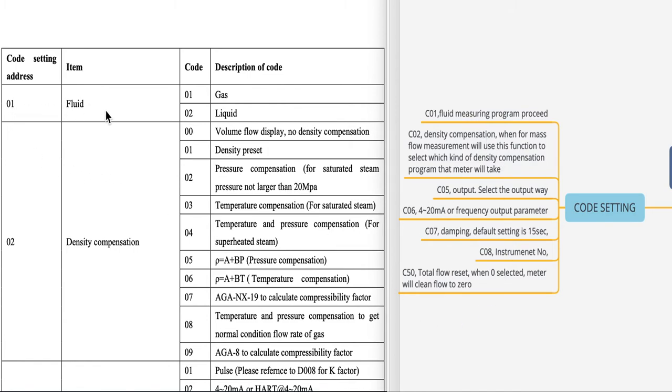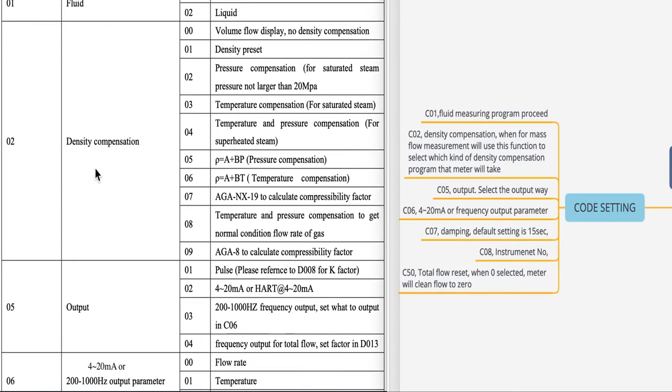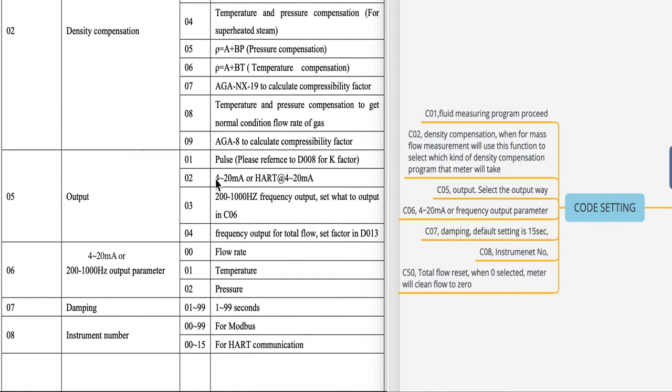Most common use code settings in operation. CO1 is the field type. We have gas and liquid. CO2 density compensation, support to measure liquid, steam, and gas. Output, you can select pulse, 420, or frequency.